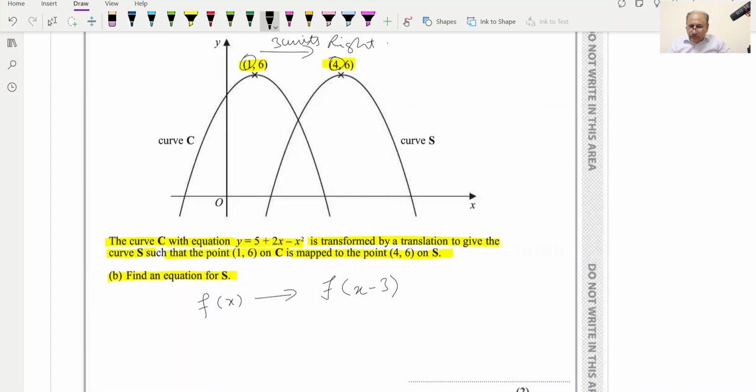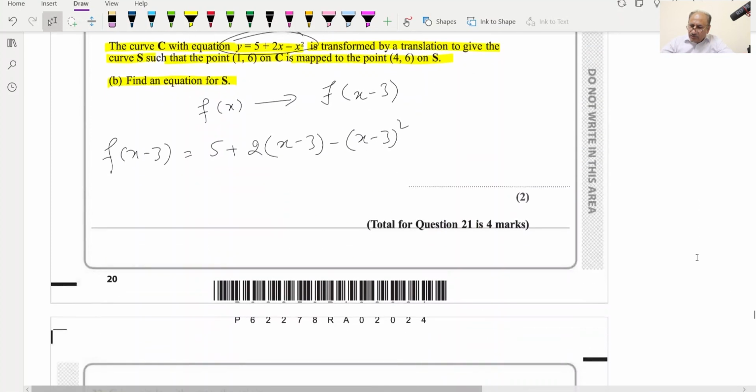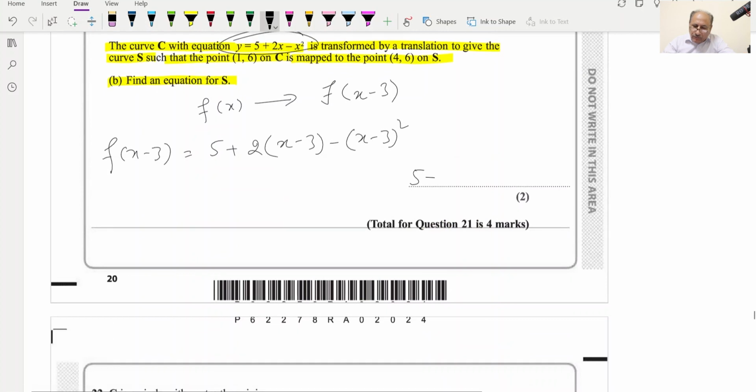If it is left, then we'll write x plus 3, and as it is moving to the right, we'll write f of x minus 3. Now f of x we already have, so we'll just replace 5 plus 2x by 5 plus 2 into x minus 3 minus x minus 3 squared, and this will be our final answer.